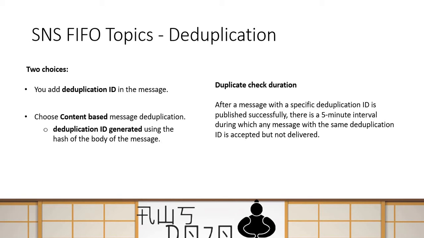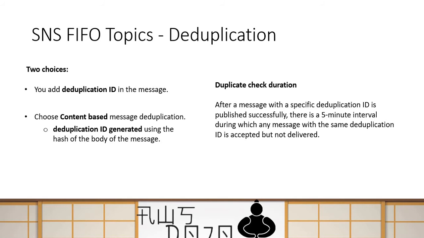So the duplication check is based on a duration of 5 minutes. But if after 5 minutes a message appears with a deduplication ID the same as one of the earlier messages, it will not be considered a duplicate because it came after 5 minutes. That's another thing you should know.